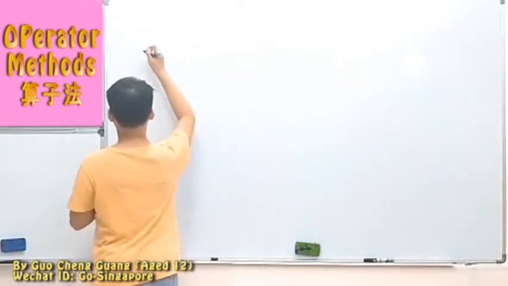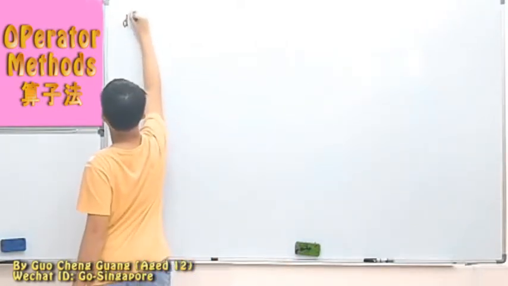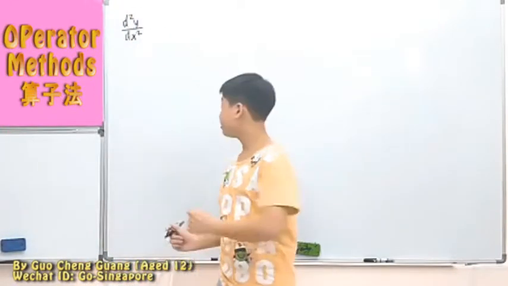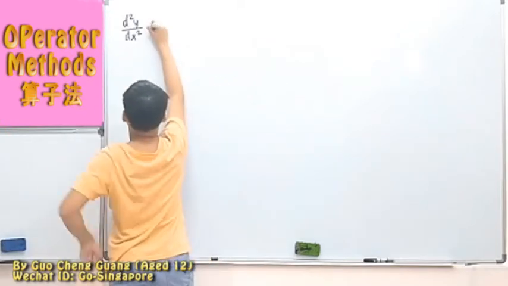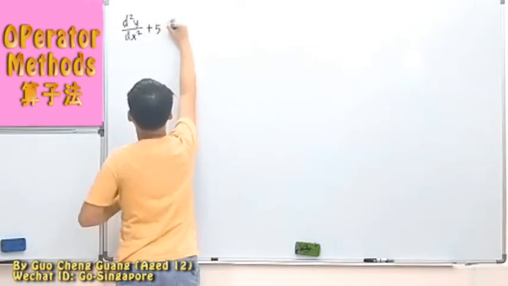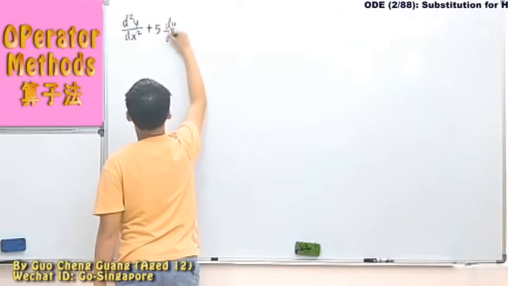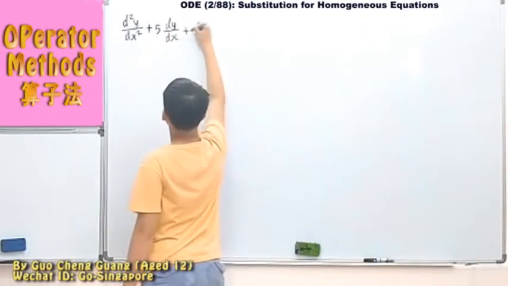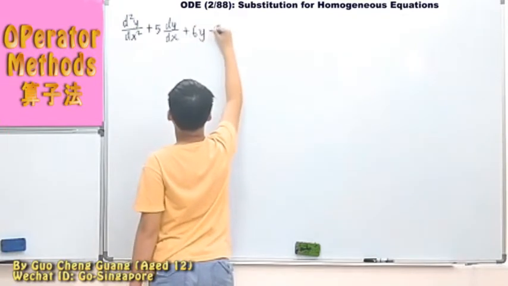So for the example this time, the second derivative of y, then you add 5 times the first derivative of y, then 6y.